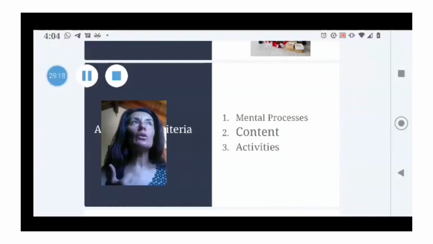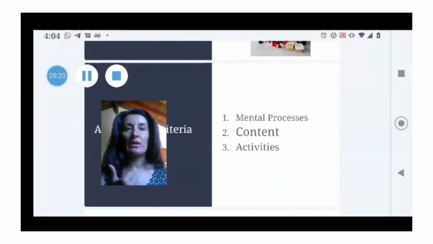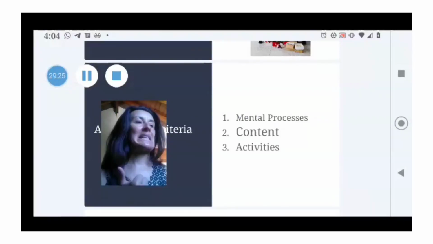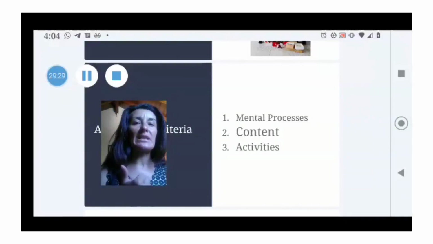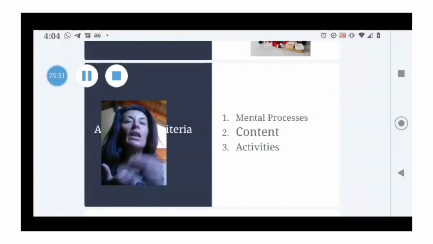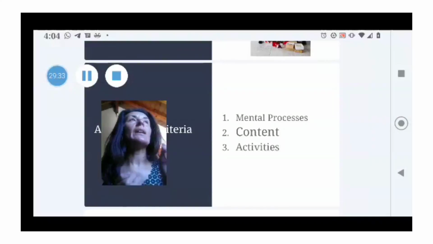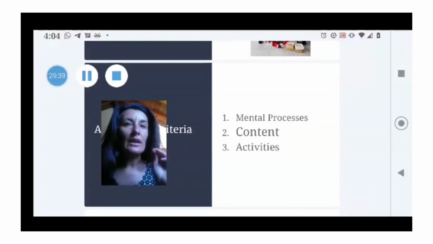What do you want from your students? Recognize, tell, write, express, explain. It should be a verb and it should be expressed in presente del indicativo del español.